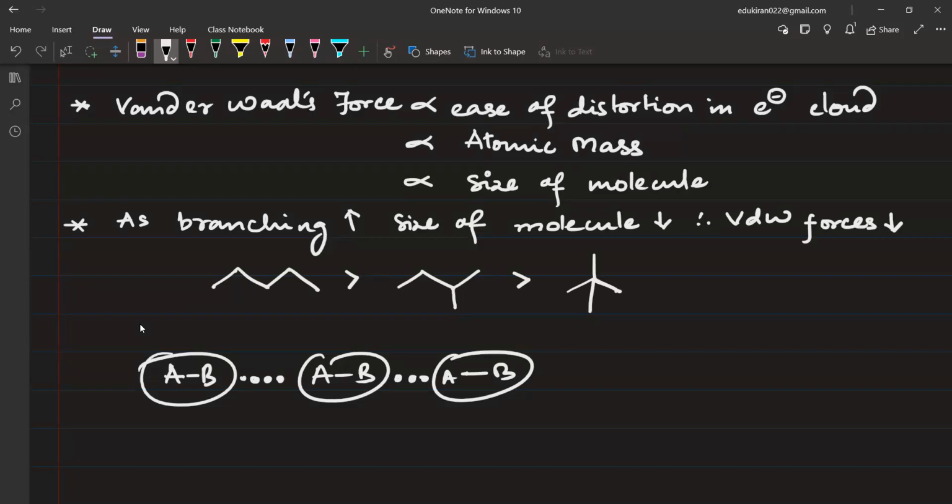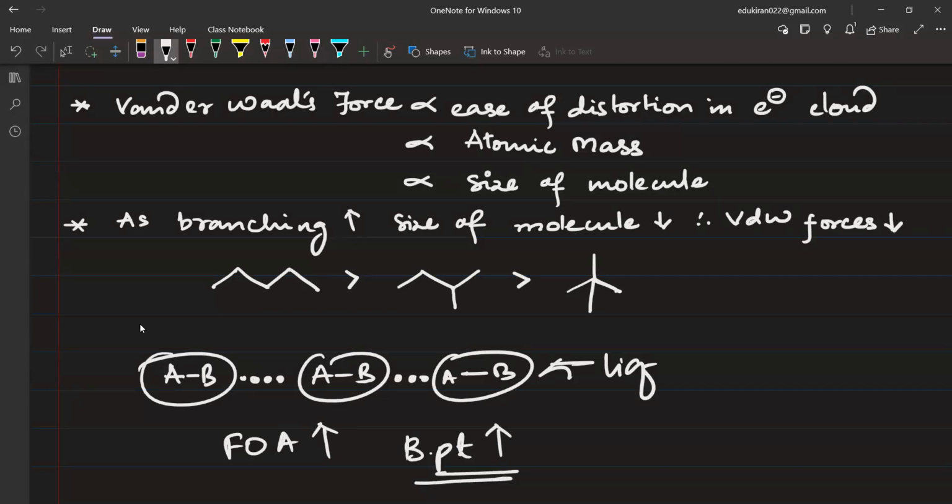Yes, sir. That means if they are, let us suppose in liquid state, then to convert them to gases, it will be difficult. That means if force of attraction is higher, then what is going to happen? The boiling point will also be higher. Correct, guys? Yes or no? Yes, sir. So van der Waals forces is what it is.